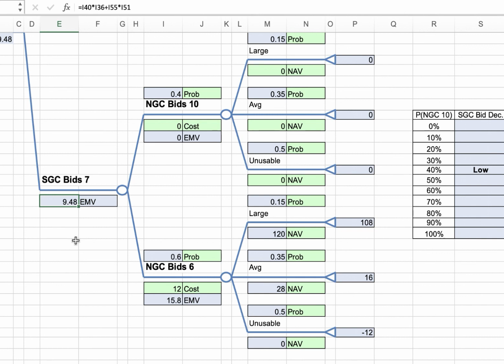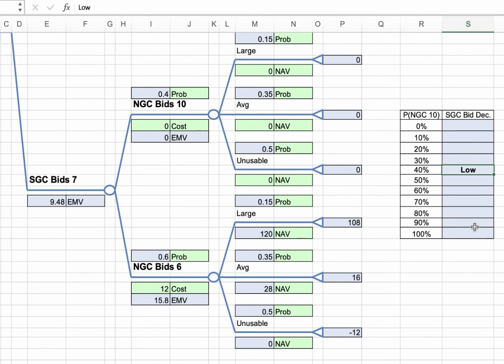However, that decision is possibly sensitive to our assumptions. One critical assumption here is related to the probability of NGC's high bid. If their high bid probability increases, then that's a greater threat to SGC's low bid being successful. So our strategy table can show the correct bid strategy based on the probability of NGC's high bid.